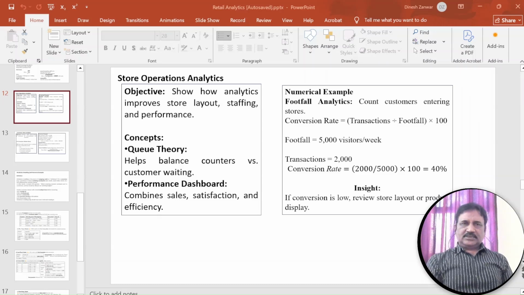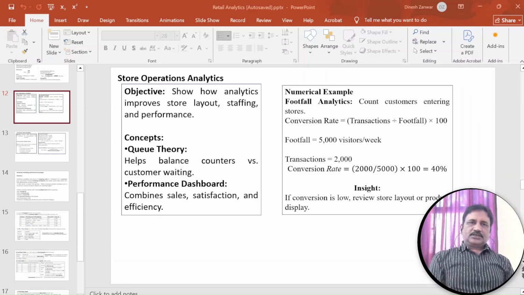So this is a little idea wherein the analytics starts getting used in the store operation. Once you start with this, there will be many other things coming in. As far as store layout is concerned, we have already seen a lecture on market basket analysis.